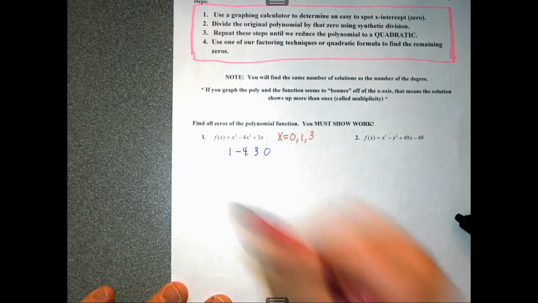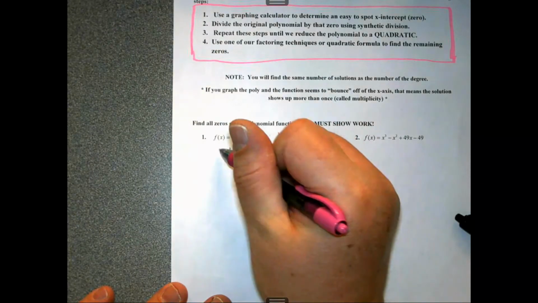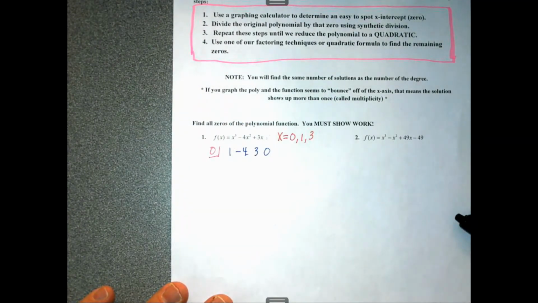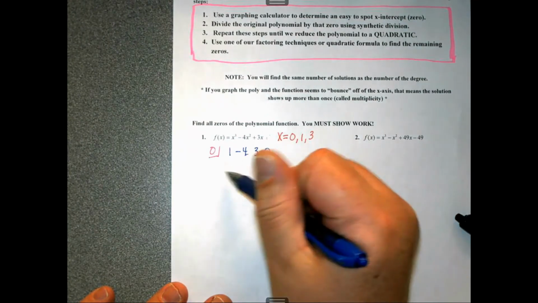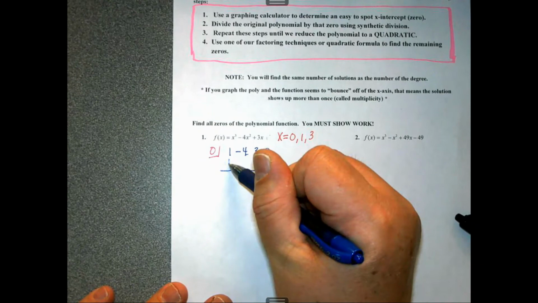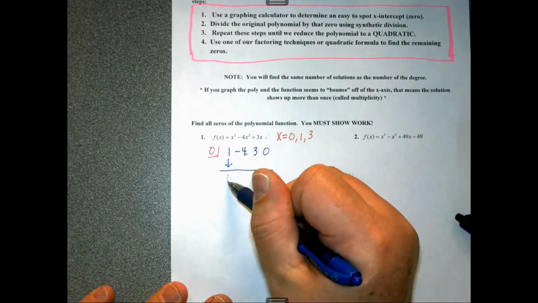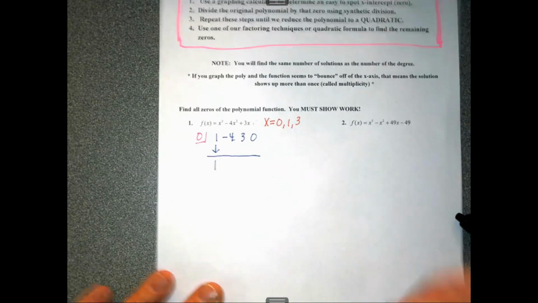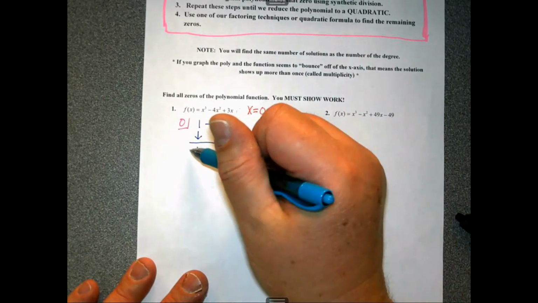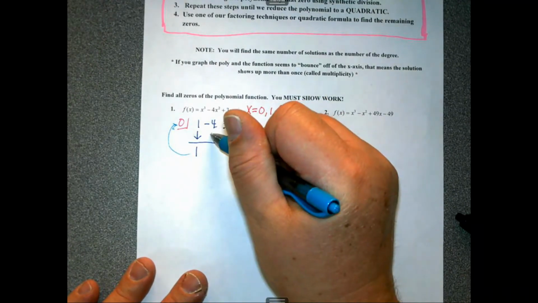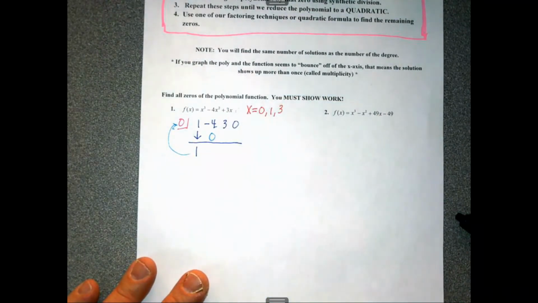I'm going to divide it by one of the divisors here. The first x-intercept, or 0, is, hey, 0. A lot of zeros in this problem. Bring down that first number, multiply it to the 0. 1 times 0, 0.